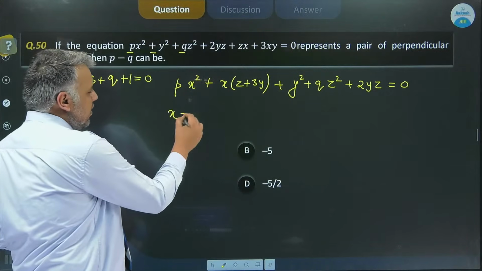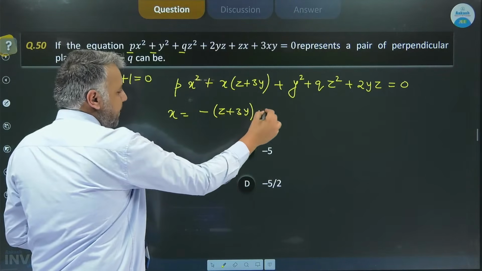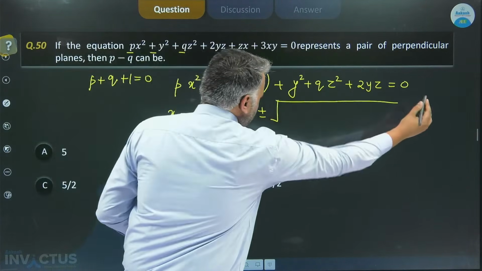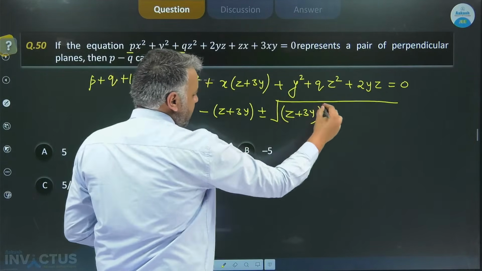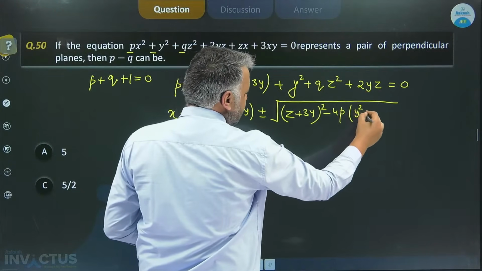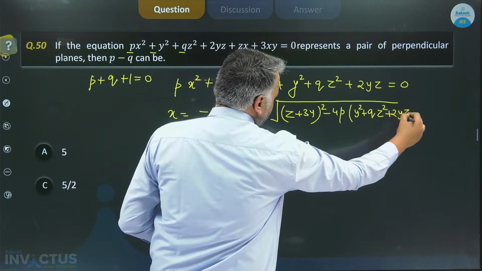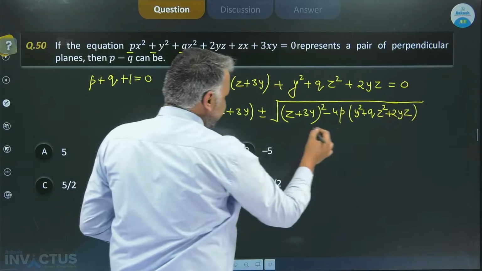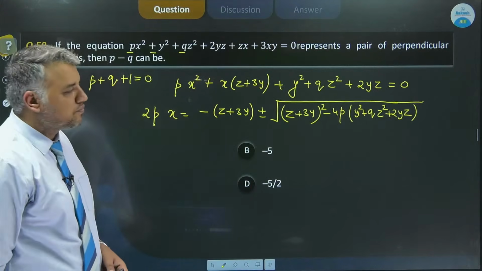So x will be equal to minus z plus 3y, plus or minus under root z plus 3y whole square minus 4p into y square plus q z square plus 2yz, whole divided by 2p. So let's multiply 2p in the left hand side.